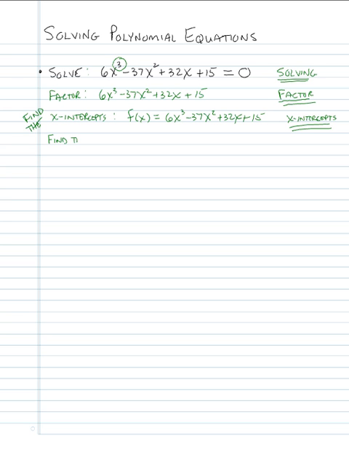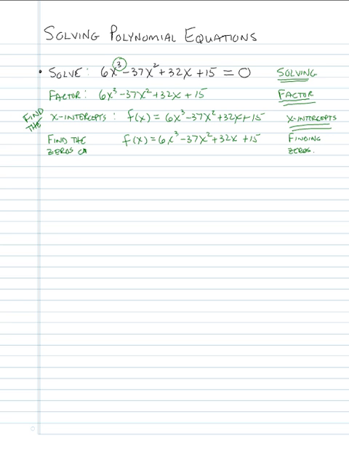Find the zeros of f of x equals 6x cubed minus 37x squared plus 32x plus 15. Finding zeros.